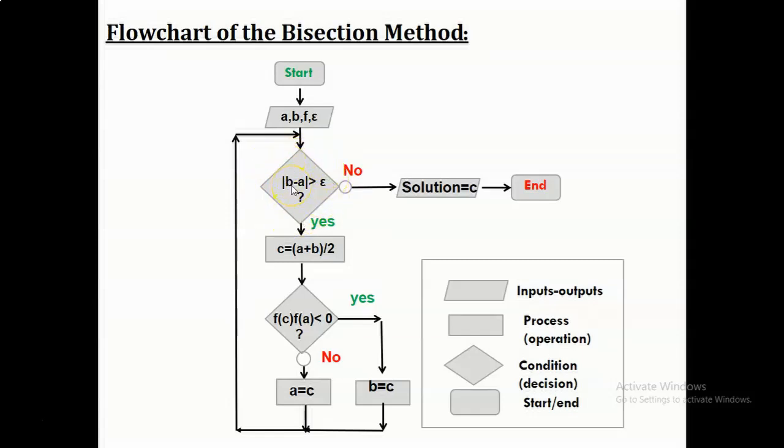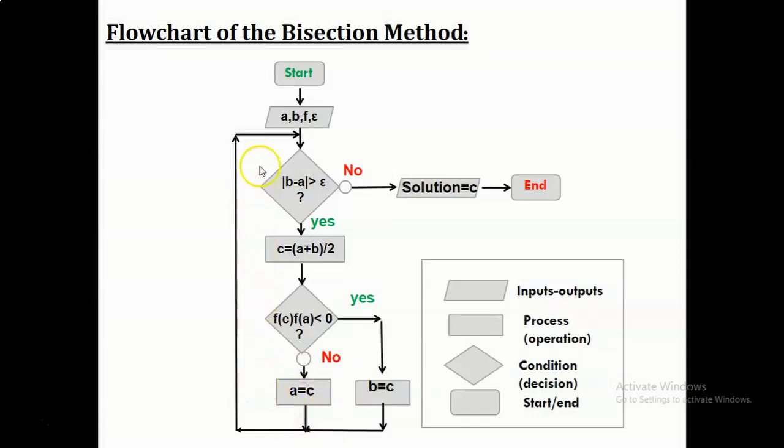So while the absolute value of b minus a is superior to epsilon, I make c equals a plus b over 2. And then we check if f of a times f of c is negative, then b equals c. If it's positive, then a equals c.